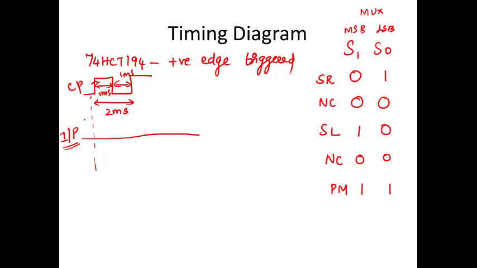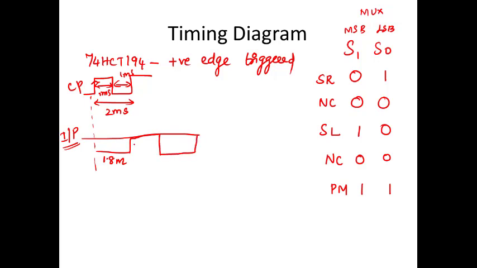Okay, so now for this entire 2 milliseconds time, here the input, instead of appearing for 2 milliseconds, let my input appear for 1.8 milliseconds. First let it be 0 and then 1, 0 and 1.